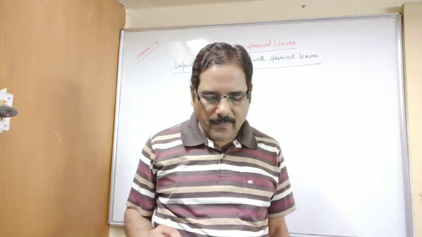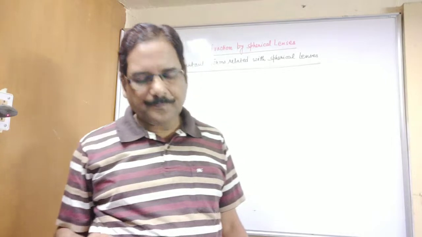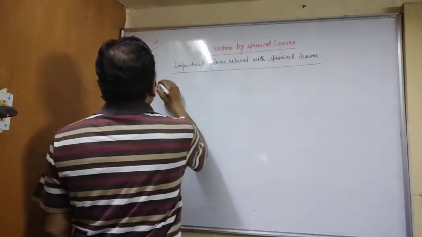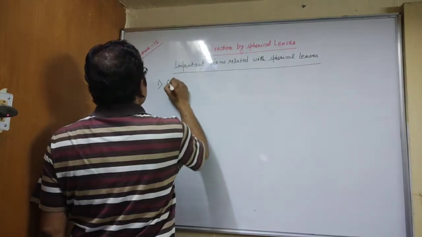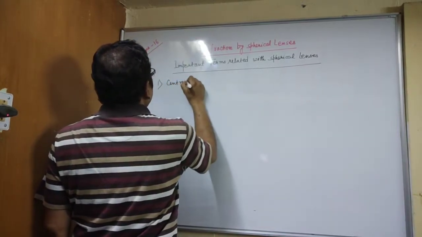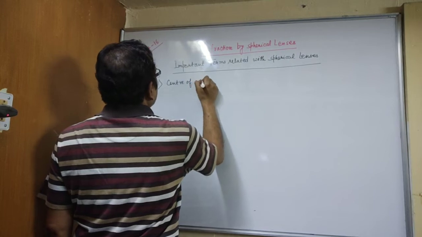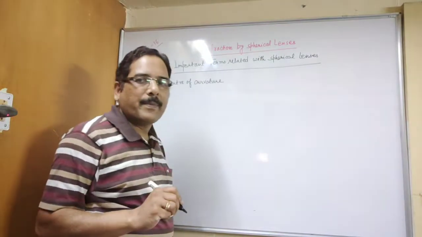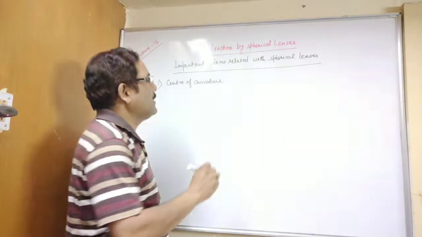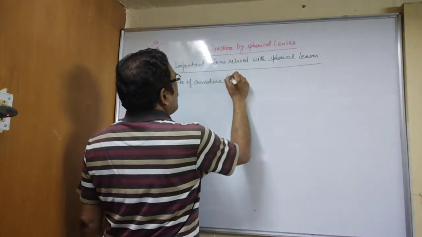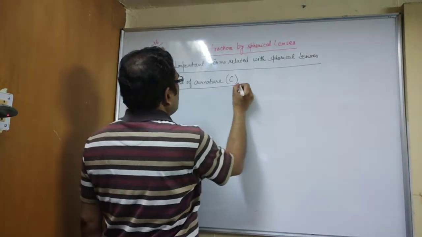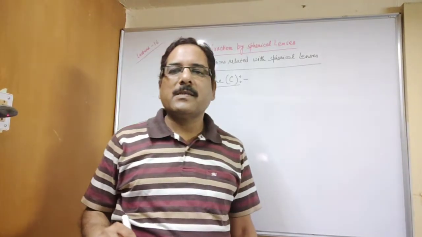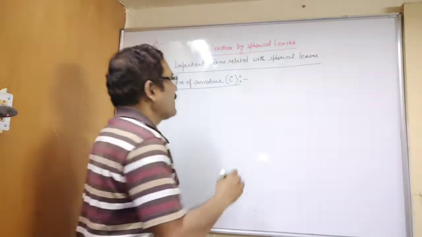So the first important term is the center of curvature. And we represent the center of curvature by a symbol, that is capital C. So first try to understand what the center of curvature is.